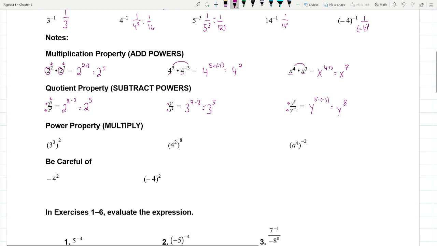So I go, alright, 3 to the third, squared. I like to think of it as nesting. If you're into computer science, you might get that a little bit. We have something to a power, and that whole thing is taken to a power. A way to think about this is 3 to the third times 3 to the third.